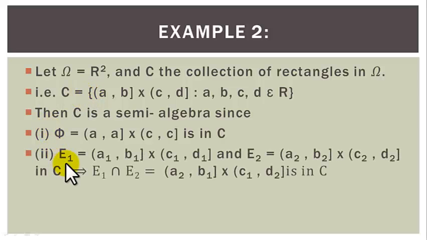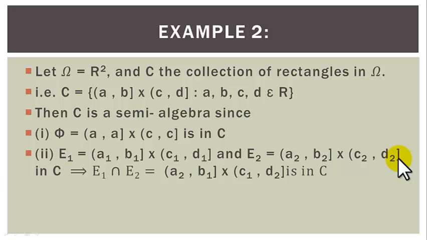2. Let E1 equal the Cartesian product of the half open intervals A1 B1 and C1 D1, and let E2 be the Cartesian product of the half open interval A2 B2 cross C2 D2.